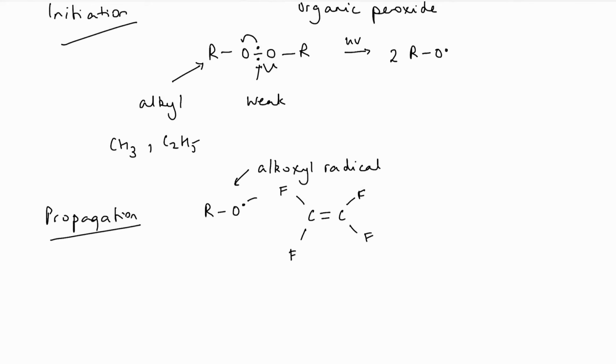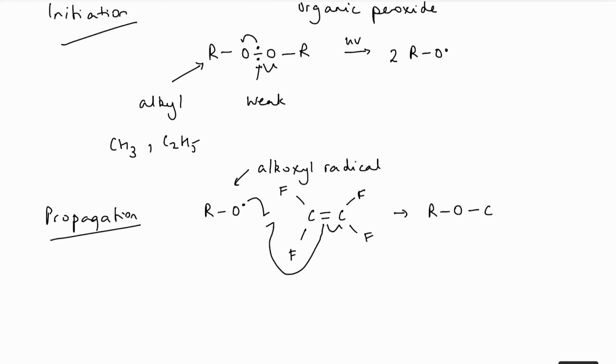and we have a bond formed between the oxygen and a carbon using one of the electrons out of the pi bond, out of the double bond, and then the second electron is left on the carbon. So what we end up with is RO.